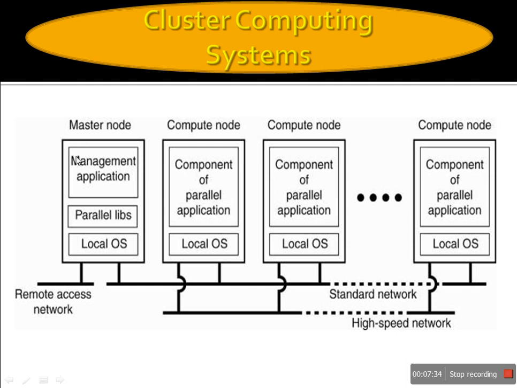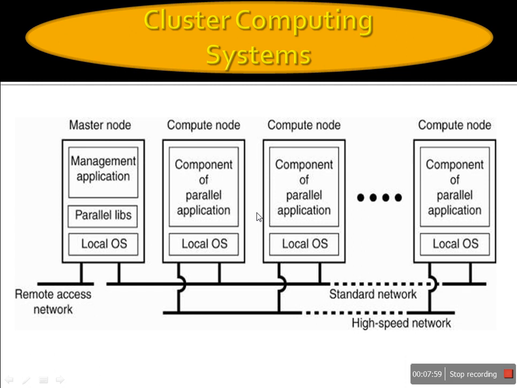This is the single master node, and these compute nodes are controlled by this master node. The master typically handles the allocation of nodes to a particular parallel program, or maintains a batch queue of submitted jobs and provides an interface for the users of the system.